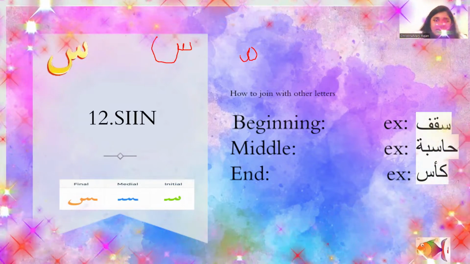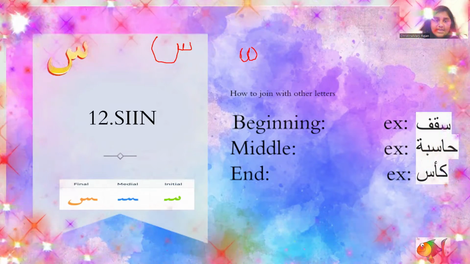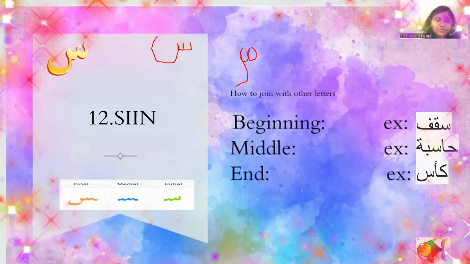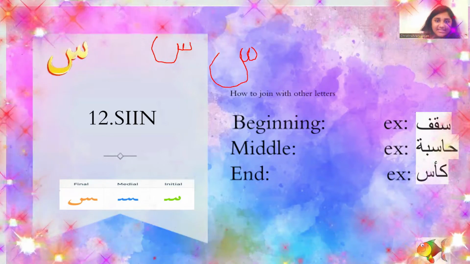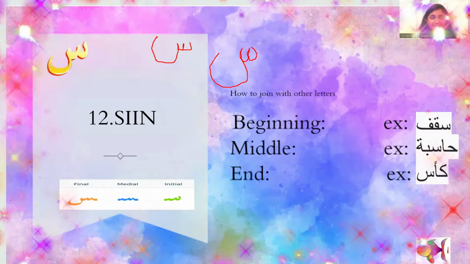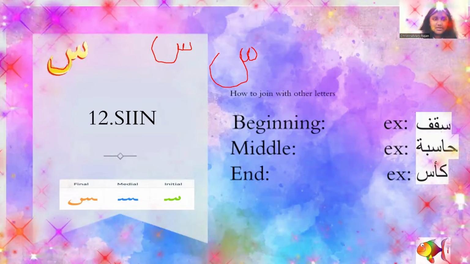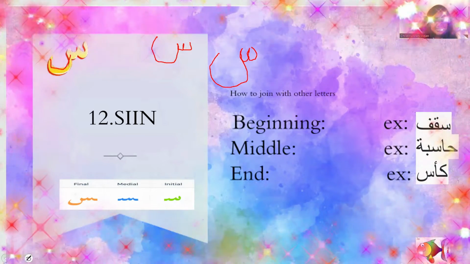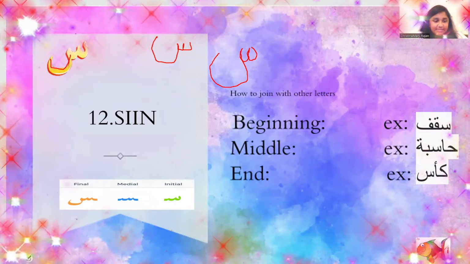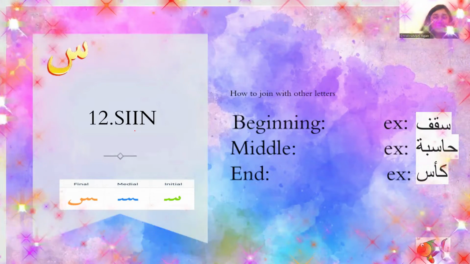And then again, you do the same thing. And then you go for a big roller coaster ride like this. Not this big, like this. See? Very small. I had a lot of space on this, so I just showed you. So that's how you write Seen.